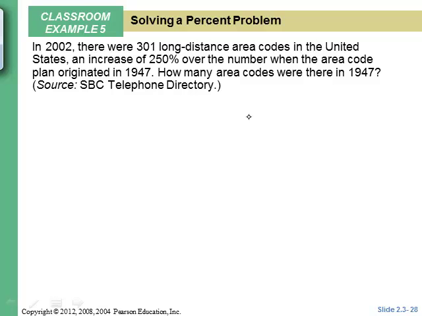So in other words, it's going to be a total of 350%, because it's over the number that there were in 1947. Let's call it the original. O is the original.